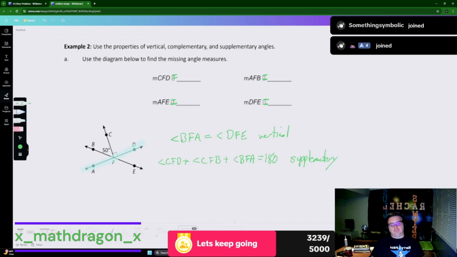Supplementary, linear, I hate to say linear pair because it's more than a linear pair, but the definition of a straight line, all of those tell you that this is 180 degrees. Now, CFD, that box, remember we said is 90 degrees. CFB, they tell us is 50 degrees. And let's just put an N here, because we do not know what number that is, equals 180. That's substitution.